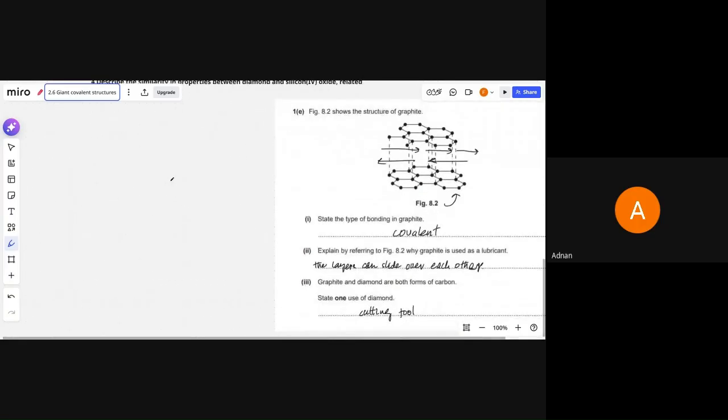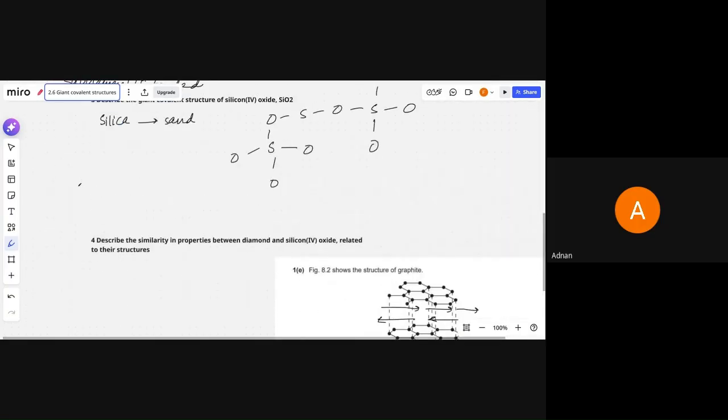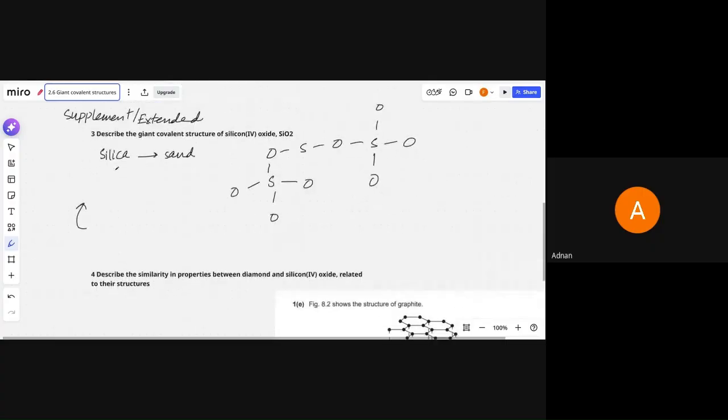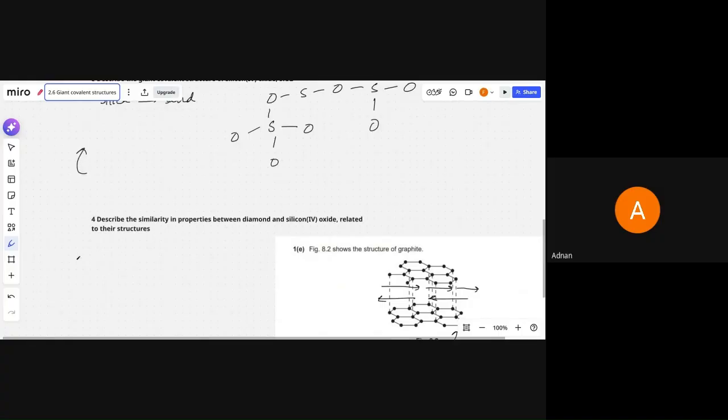I think I mentioned it while discussing the other part. Same thing, same pattern.